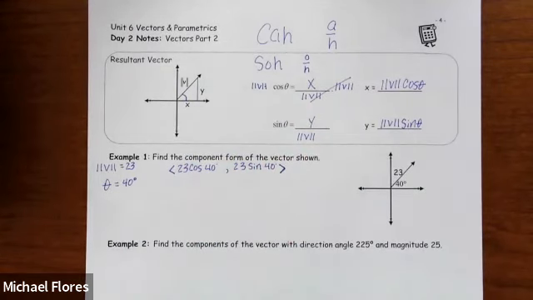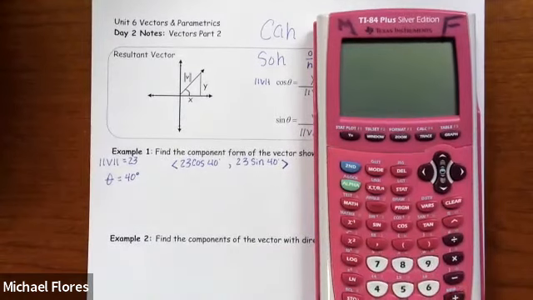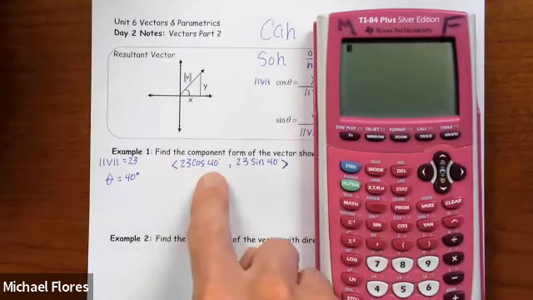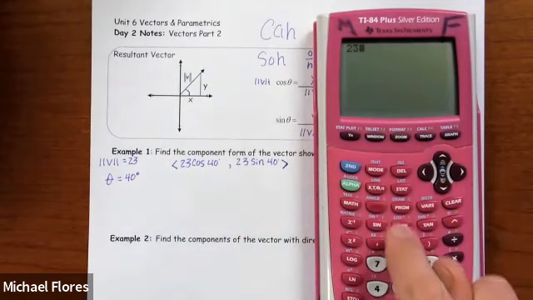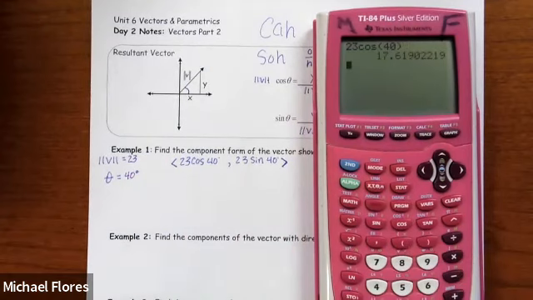So we want to get actual values here. So you're going to need your graphing calculators. And just input in your calculator what you have written down on your paper here. So we want to start with 23 cosine 40, enter.